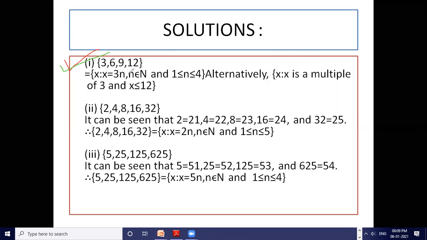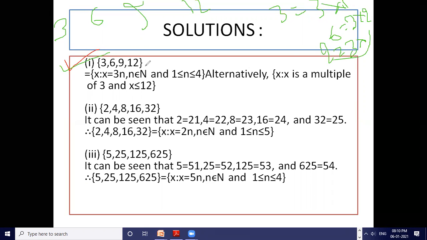x such that x is equal to 3n, because ये जो numbers देखोगे आपका 3, 6, 9, 12, 3 को मैं कैसे लिख सकता हूँ? 3 is equal to 3 into 1, right? 6 is equal to how much? 3 into 2. 9 is equal to how much? 3 into 3.